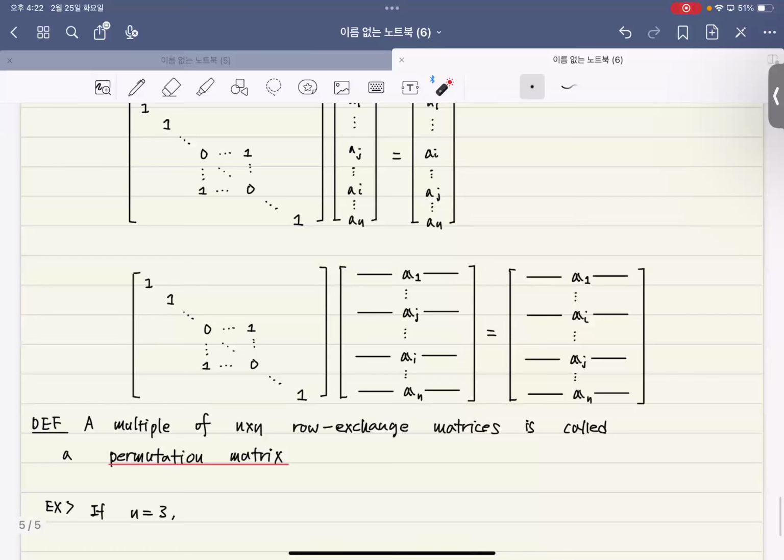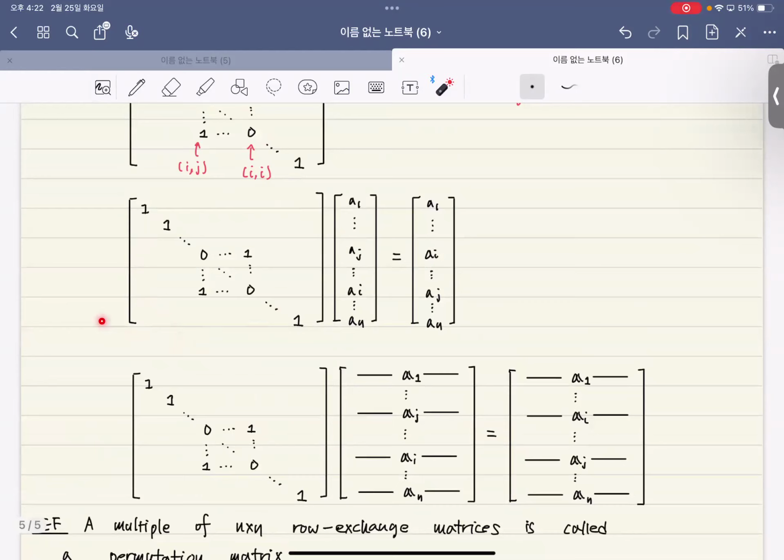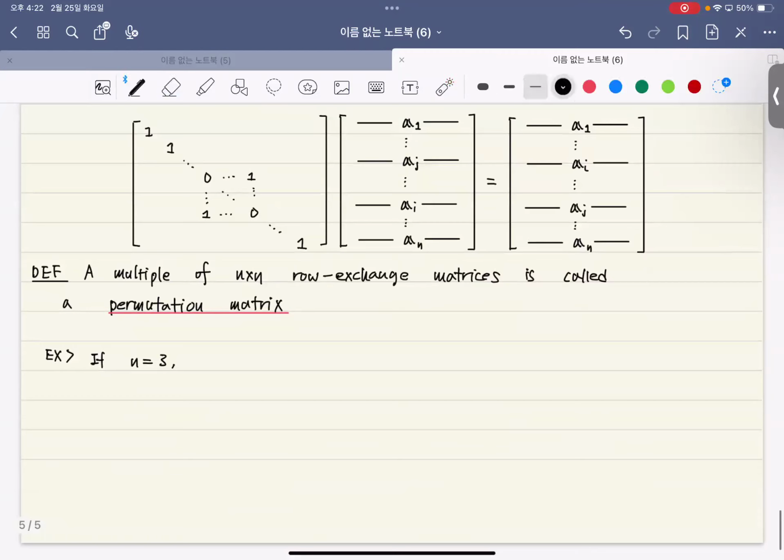Suppose that you multiply the same row exchange matrix twice. Exchanging the ith row and jth row, and exchanging the ith and jth row one more time, is doing nothing, it just undoes everything. So the identity is always a permutation matrix. Therefore, I have one obvious element, which is the identity.